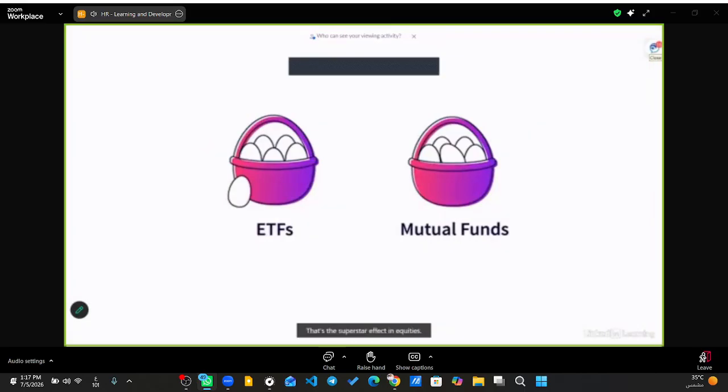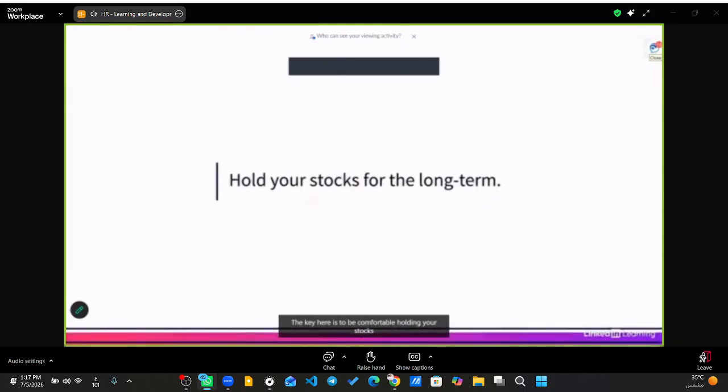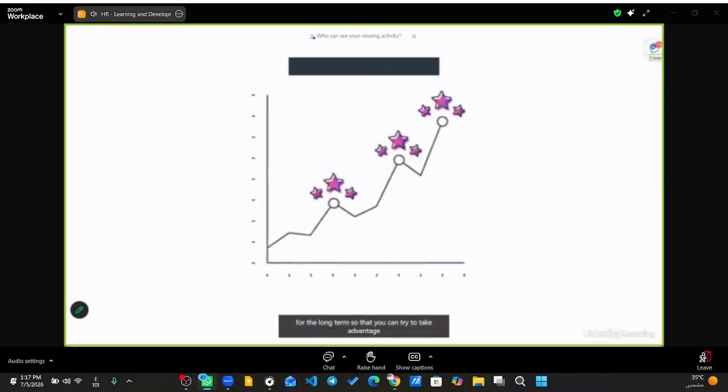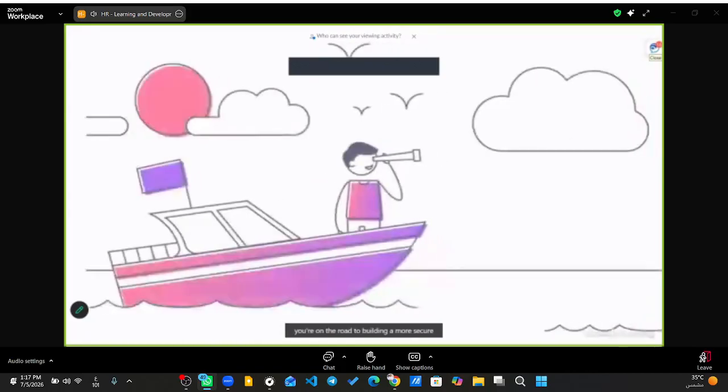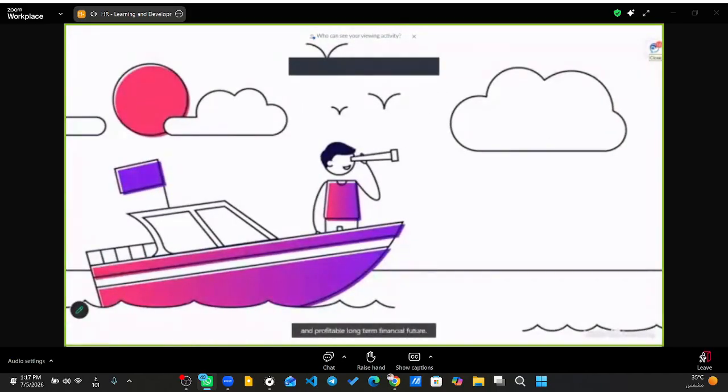That's the superstar effect in equities. The key here is to be comfortable holding your stocks for the long term so that you can try to take advantage of the superstar effect that is so important to returns. When you understand the value of diversification, you're on the road to building a more secure and profitable long-term financial future.